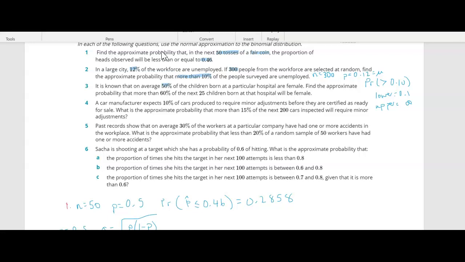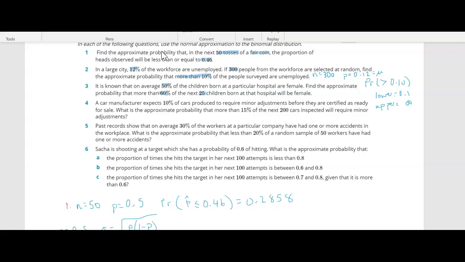Find the approximate probability that more than 60% of the next 25 children at the hospital will be female. So N is 25, P is 0.5, and we want more than 60%. So your lower limit is going to be 0.6, and we're going to infinity.